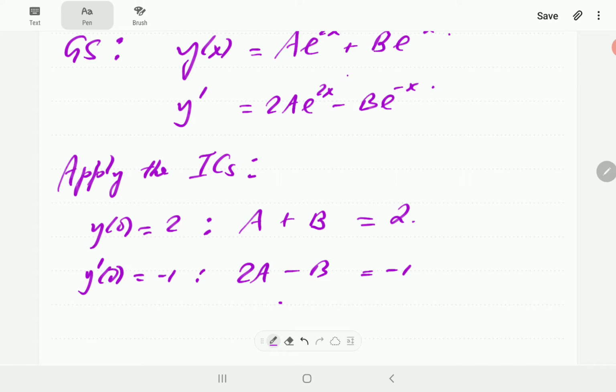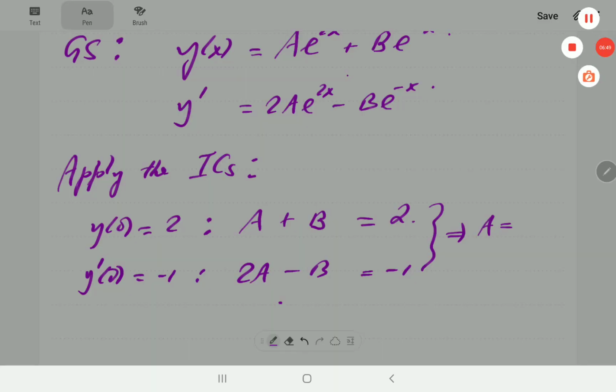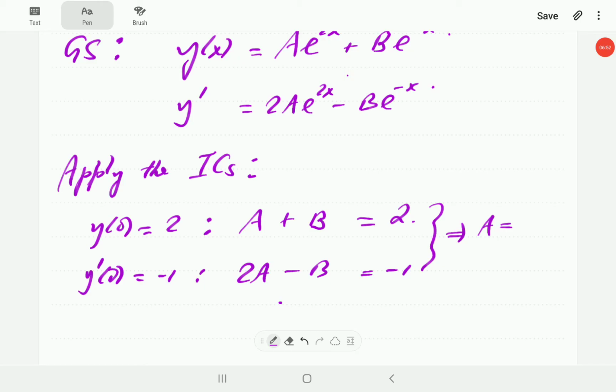So this is a linear system of simultaneous equations. We can solve this. Solving it gives us A is a third and B is 5/3.